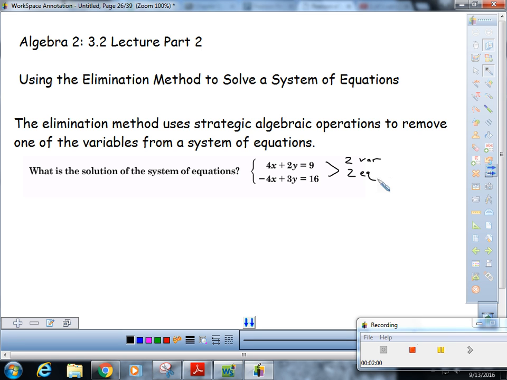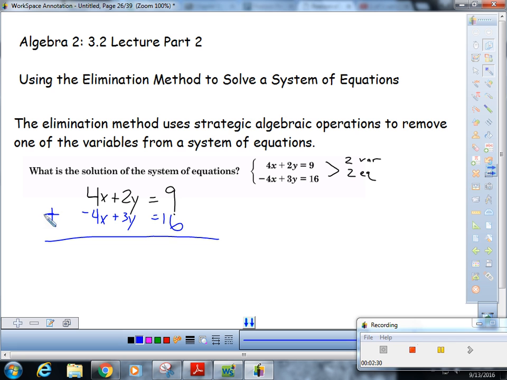We could subtract them and that result would be true. So what we're going to do is rewrite these real quick: 4x plus 2y equals 9, and negative 4x plus 3y equals 16. We're just going to add those up in this case.